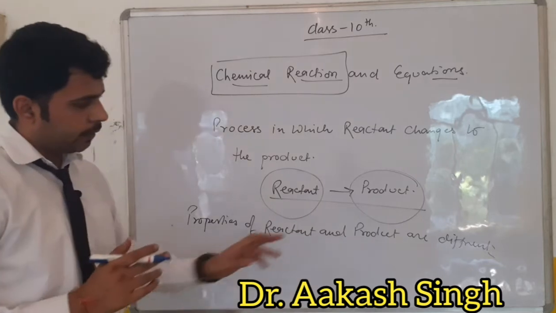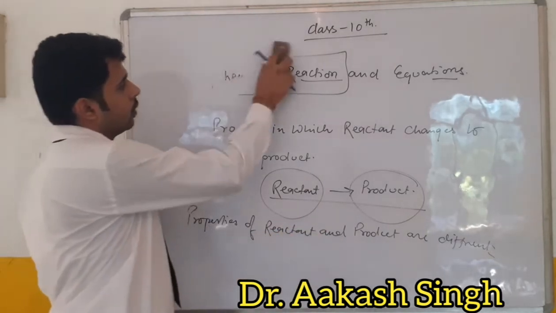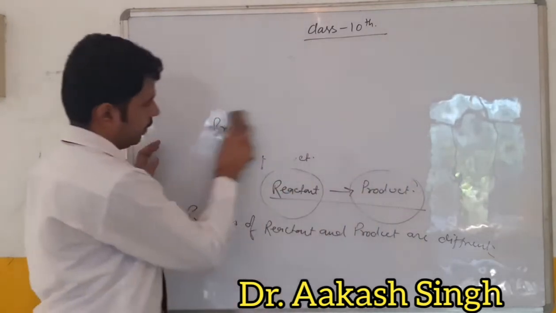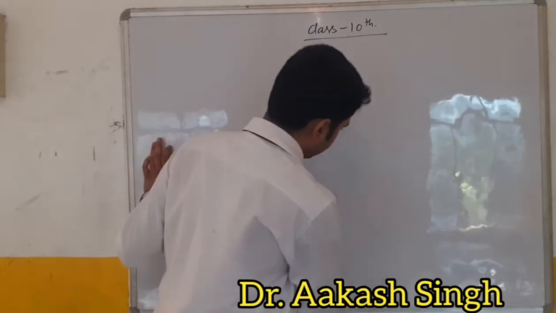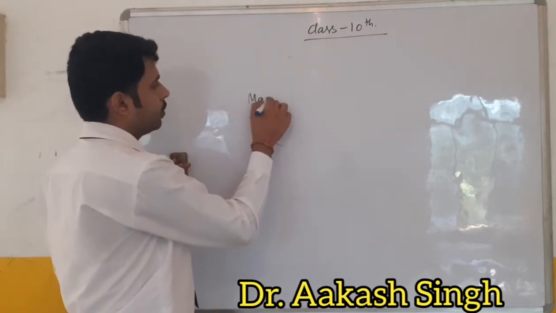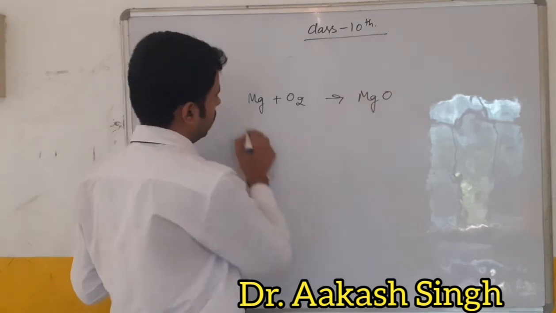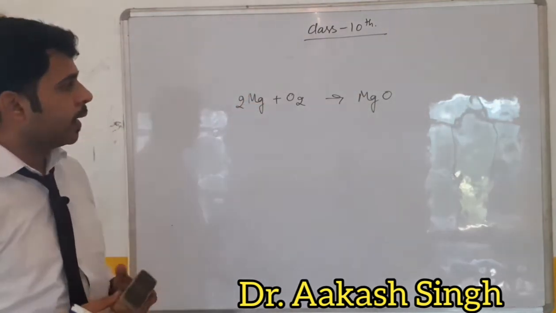Properties of reactant and product are different. So, if this is a reaction, Mg plus O2 gives MgO, or we can write 2Mg plus O2 gives MgO.